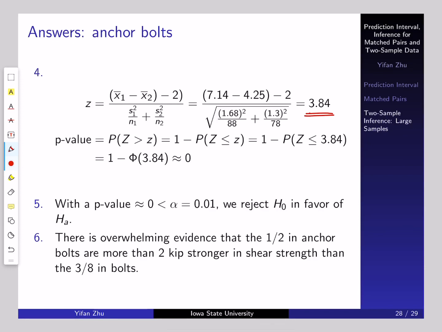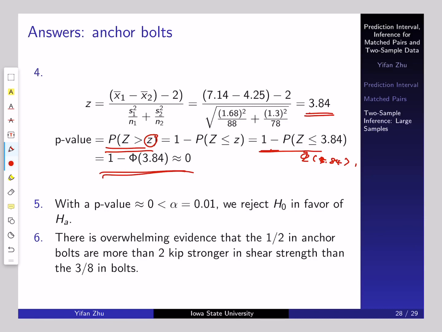Then we calculate P of Z greater than z, and it is 1 minus phi of z. This is the phi of z, phi of 3.84. And it is a value that is very close to 0.